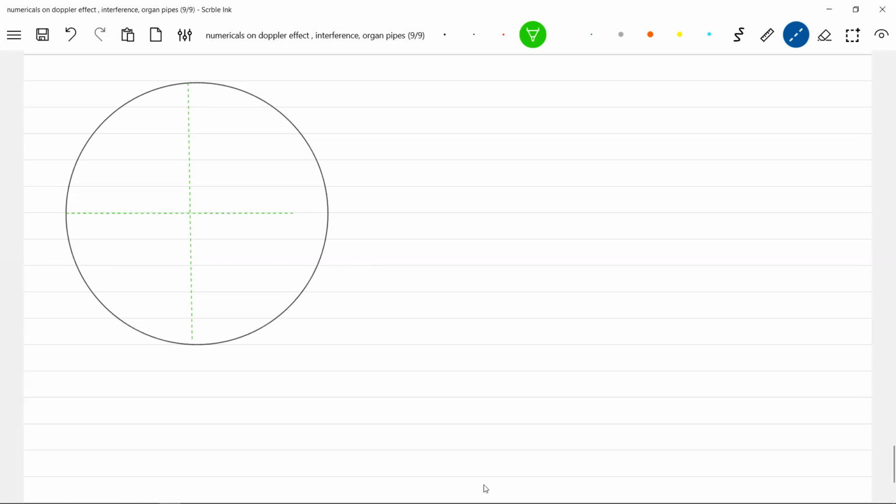Let's discuss a few problems on interference. There are two point sources separated by a distance, say d. Let r be the radius of the circle.